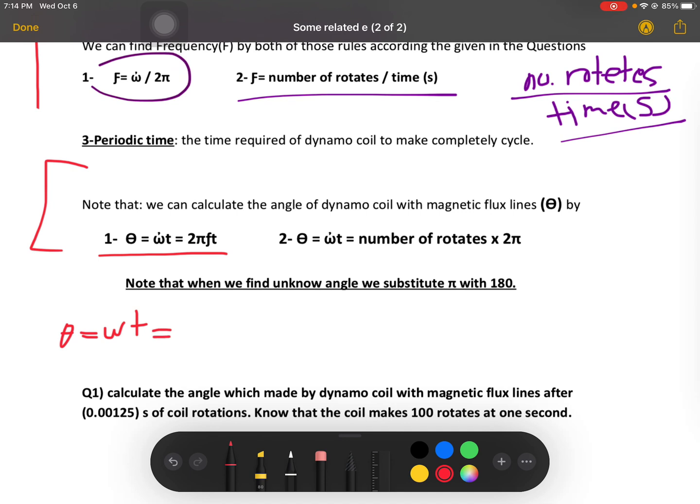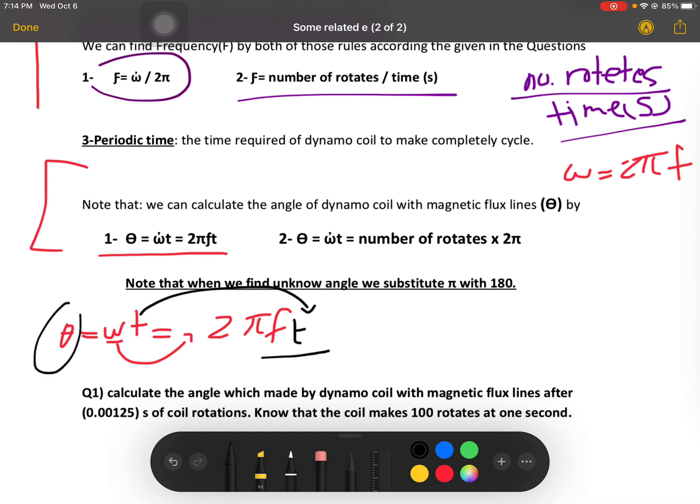By substituting the value of omega, we know that omega equals 2 pi f, so theta equals 2 pi f t.